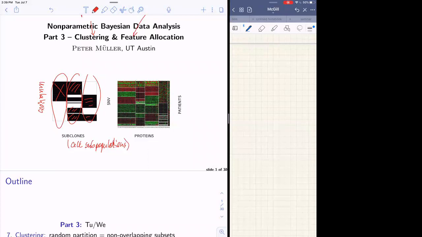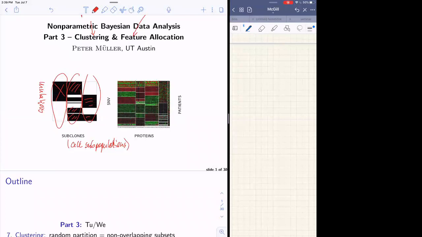It's important to know that because different tumors might have different cell subpopulations, they might react to different treatments. If you have a treatment that targets particular mutations, that might or might not work for different subpopulations.